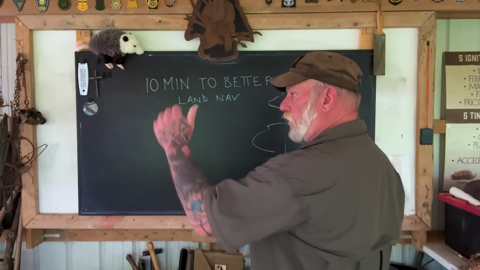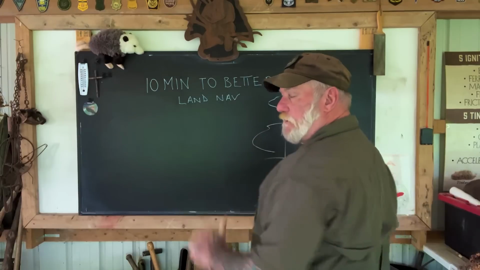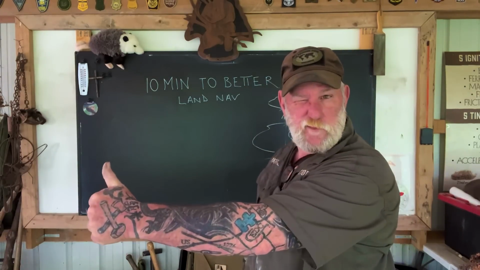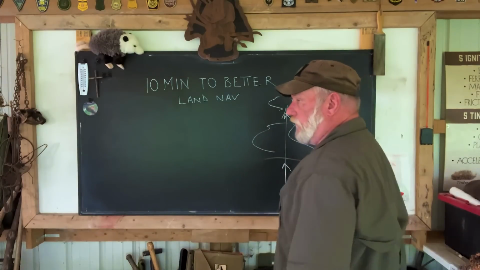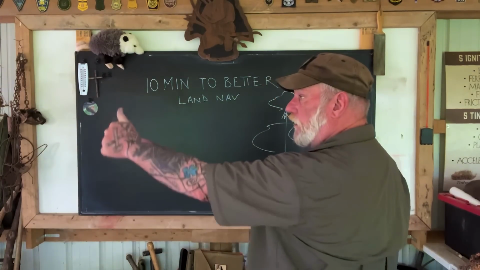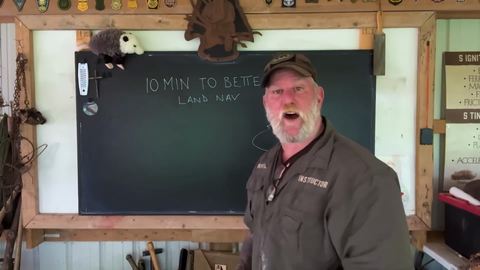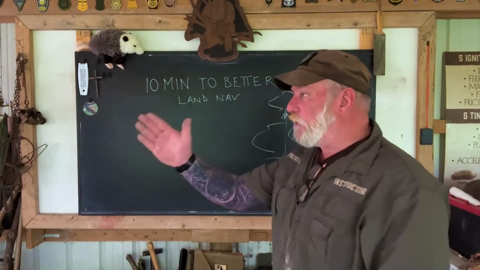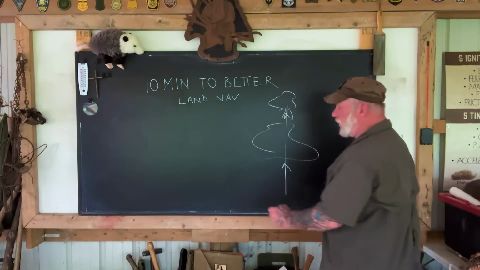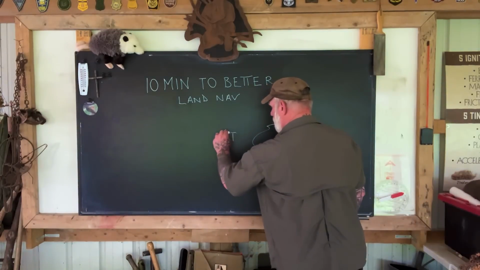We're going to stick our thumb out and point it at that tree, and close one eye. We're giving it the Popeye wink, right? Then we're going to open that eye and close the other eye. And our thumb is going to move left or right off that object. We need to count how many thumbs it moved. So let's say, for sake of discussion, that it moved 6 thumbs.